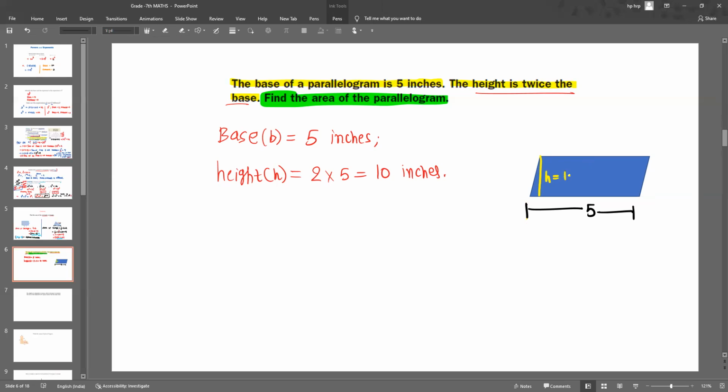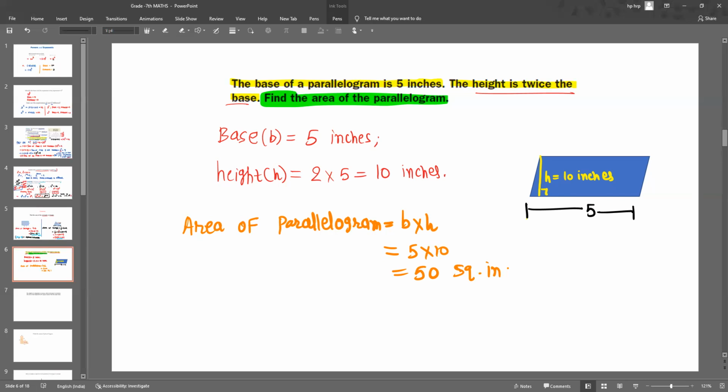So that is 10 inches. Understand? Height is always perpendicular. So here we just have to find the area of the parallelogram. So area of parallelogram is base multiply height. So that is 5 multiply 10, that is 50 square inches. Yes, your answer is correct.